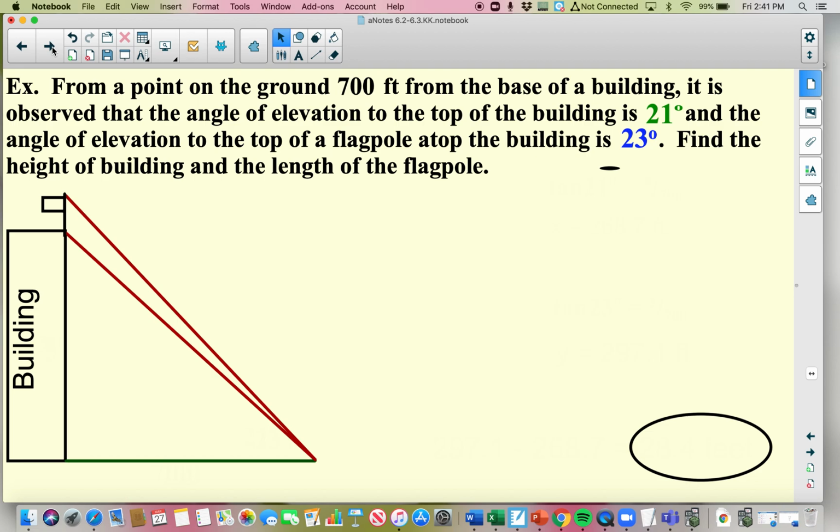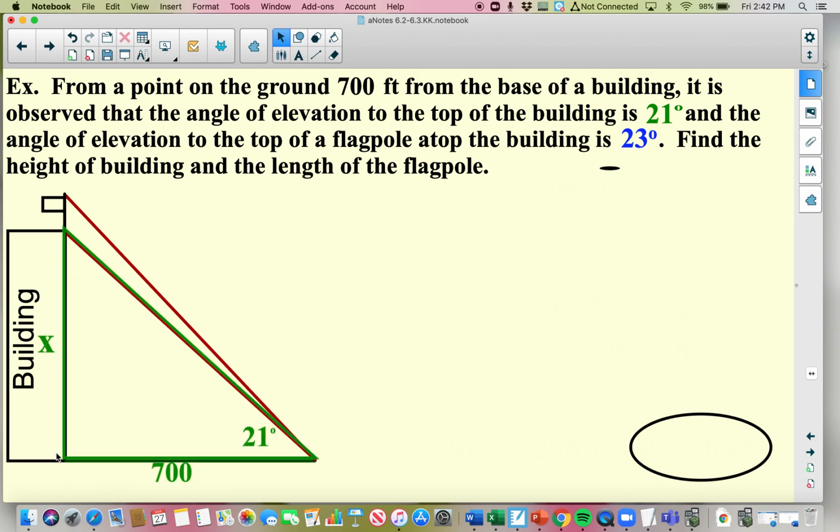Okay, I sketched a picture here, which would probably be the biggest challenge for some of you. So I sketched a building and then put a flag on top of the building. And then you're standing down here looking to the top of the building or to the top of the flagpole. So from the point on the ground, you're 700 feet from the base of the building. So this would be 700 feet.